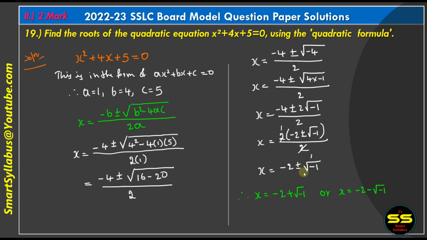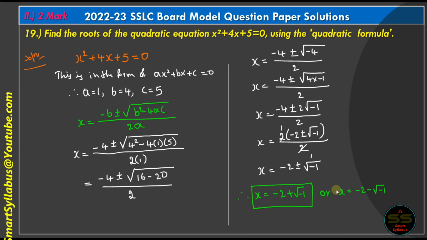Write this one once with plus and this one once with minus. So these are the required values of x. This is the solution of this quadratic equation using the quadratic formula. It's an easy sum, not that difficult, so definitely you're going to score 2 marks out of 4 for this.